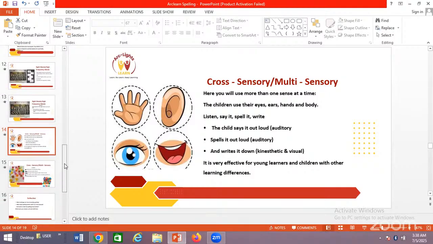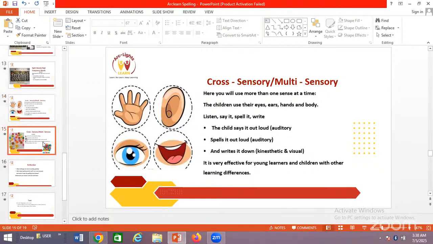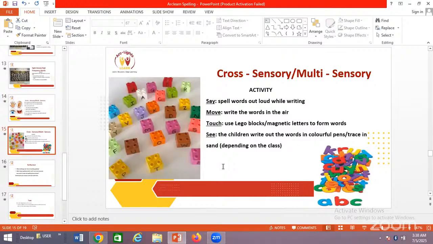Now, what activities do you have? You spell out the words, or they spell out the word while writing. They can spell it in the air. Children love that. The younger children love that a lot. They write the word in the air. They can use Lego blocks or magnetic letters to form words.